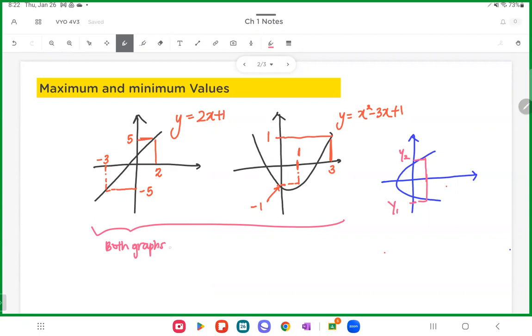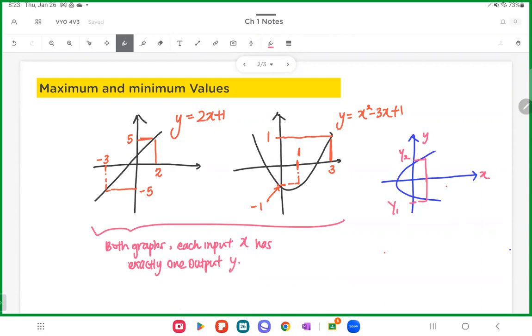But it will still be this kind of graph. The moment this graph is having 1 x having 2 y outputs, it is no longer a function. We are not going to go into detail of function because function is a JC chapter.